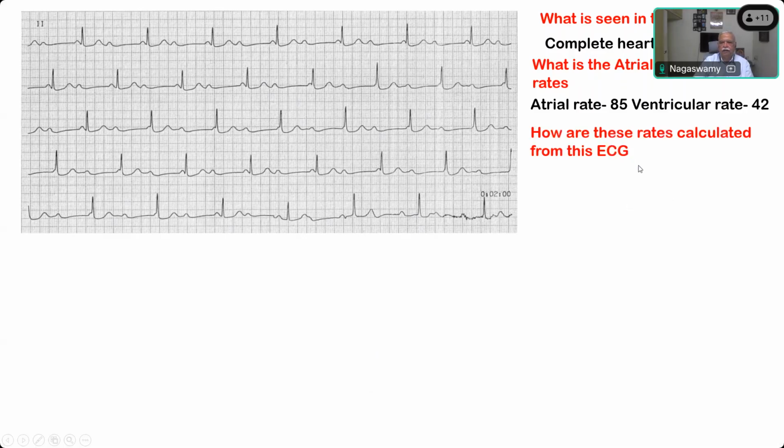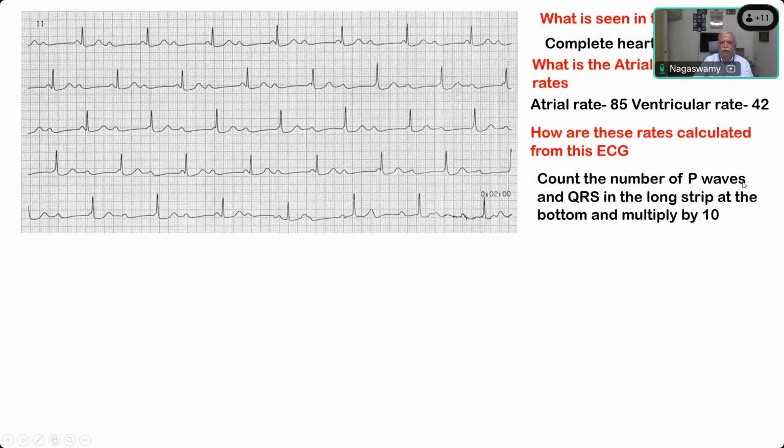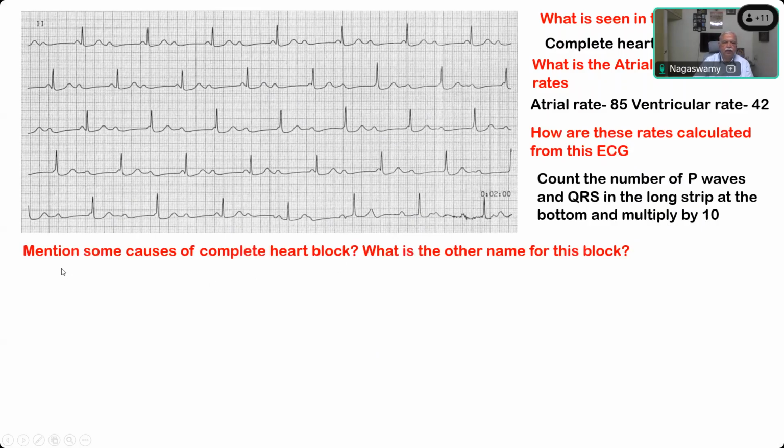So how are the rates calculated? I'll count the number of P waves and QRS in the long strip at the bottom. Multiply by 10 if it is a 6-second strip. But this is actually a 10-second strip, so it will be multiplied by 6.